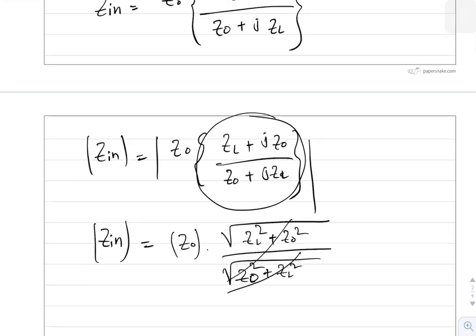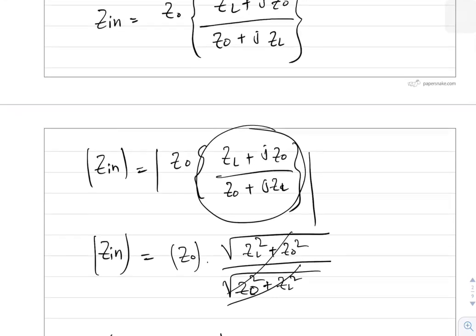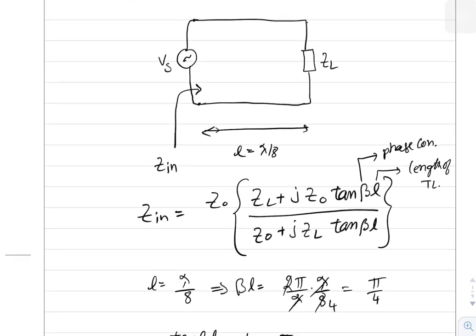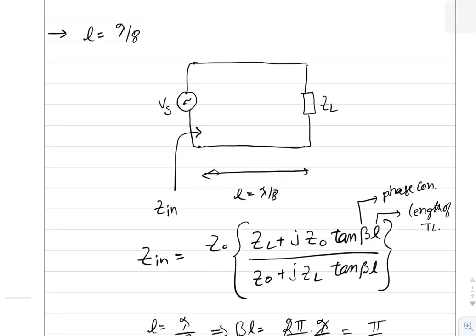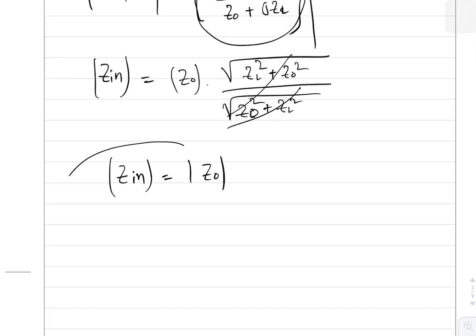So these two get cancelled. The remaining magnitude of Zin equal to magnitude of ZO. That means if I take the length of the transmission line as lambda by 8, then the magnitude of input impedance of the transmission line and the magnitude of characteristic impedance of the transmission line are same.